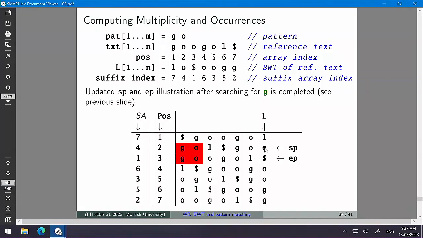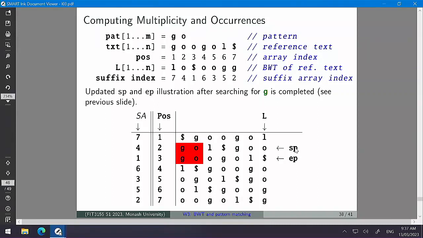Let's do OGO. So what is the rank of O? Yeah, 5. Rank of O is 5. Number of times I have seen an O from 1 to the current start point exclusive? 0, because I have not seen an O from 1 to the current start point exclusive without considering that position. That's what exclusive means. So 5 plus 0 is 5.